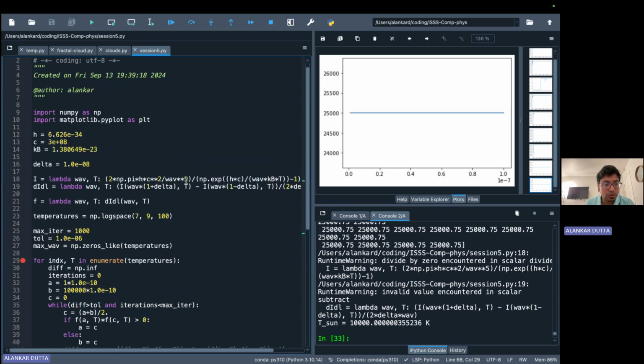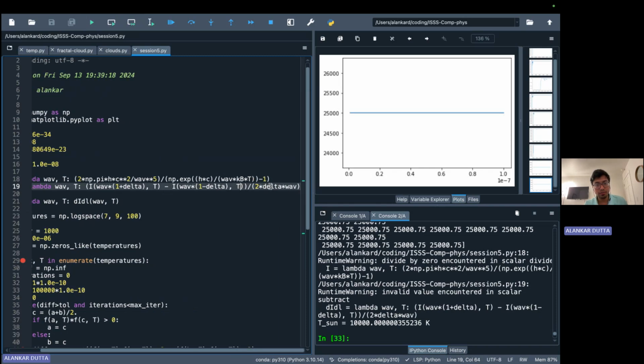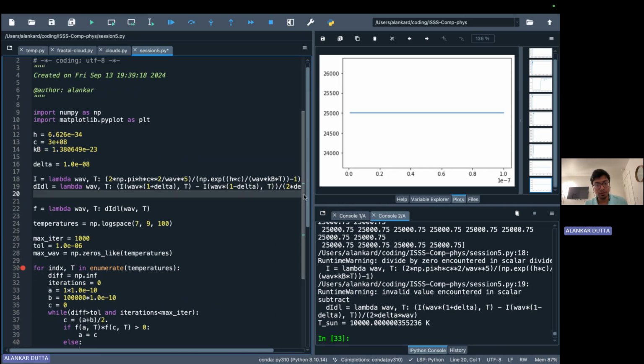So what we can also try to do is find out the derivative of this with respect to, okay, and we also have to find the derivative with T instead of lambda, because it is the temperature which we want the maximum of. So we want to find the analytic form of the derivative instead of using a numerical approximation, and perhaps that will be better.